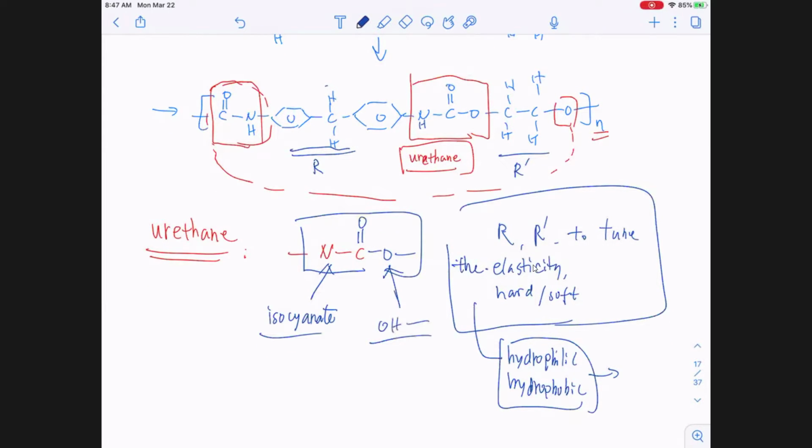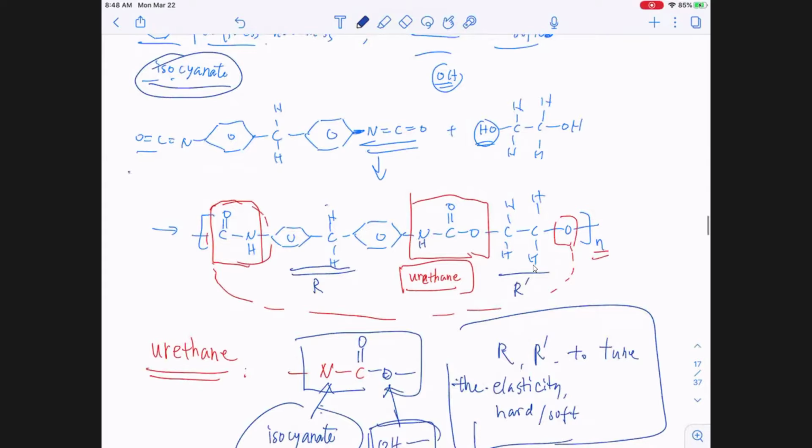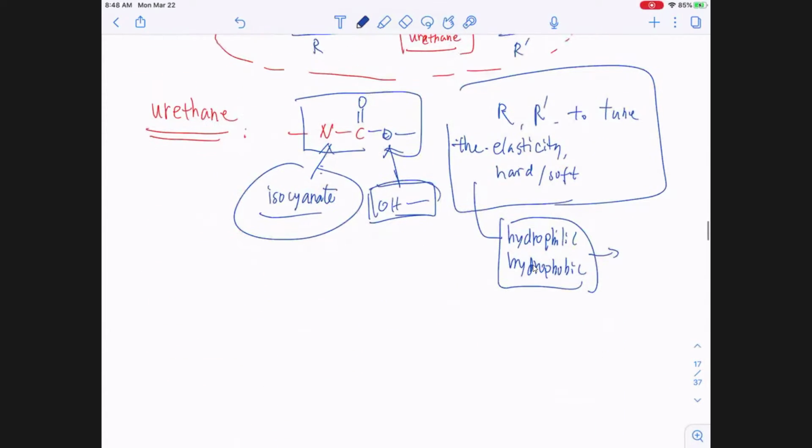So a lot of materials, not only alcohol. But this one we definitely need isocyanate groups, and this one we need the OH group for polymerization. So if we choose a monomer like this one, that's the R NCO.